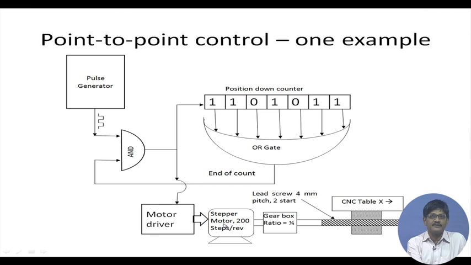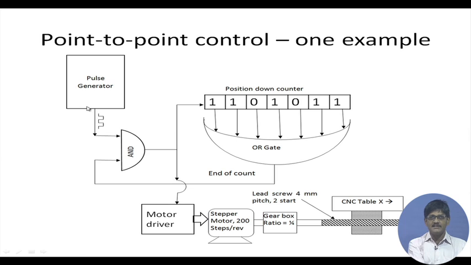If it receives a train of pulses, it will execute a corresponding number of angular steps by rotating its output shaft. How much? It is written here. This stepper motor carries out one revolution in 200 such angular steps. So, one step is equal to 1.8 degrees.